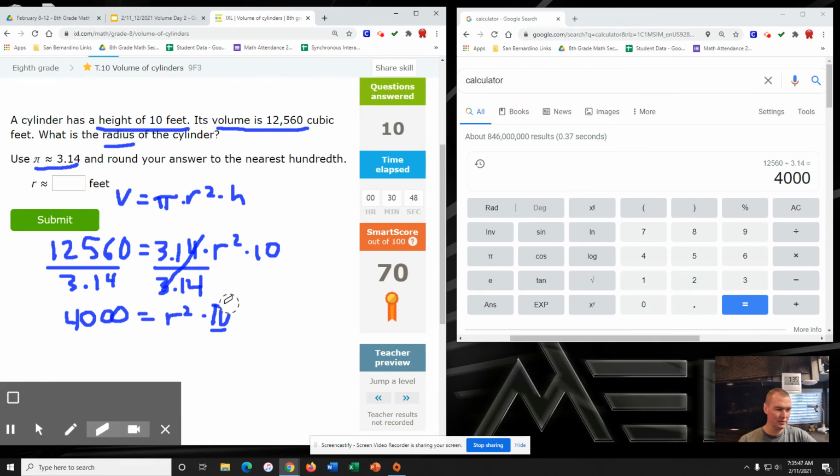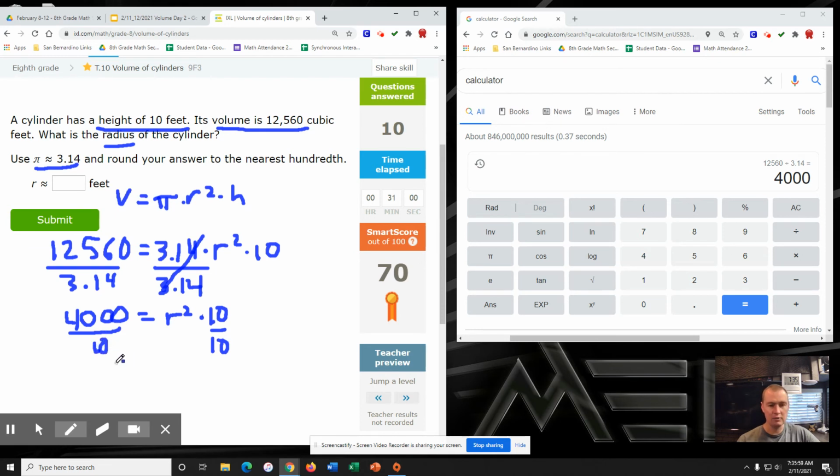By the way, that is a beautiful 10. So if we're multiplying r squared times 10, the opposite is divide 10 on both sides. And what's nice about dividing by 10, you eliminate zeros. So 4,000 divided 10 is 400 equals r squared, and 10s are out.